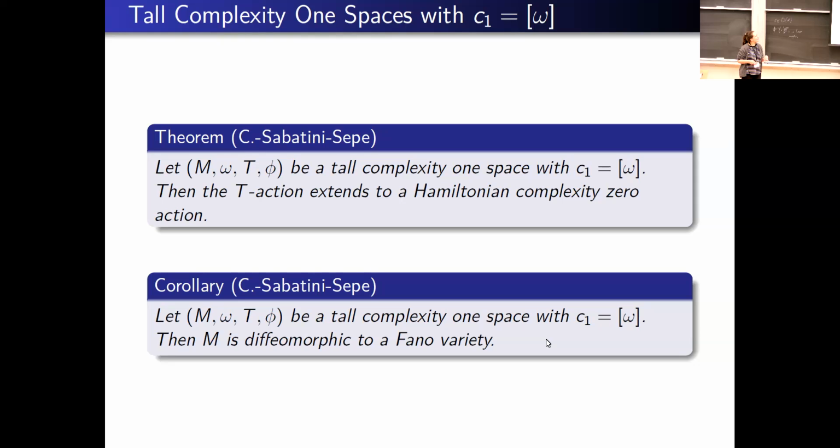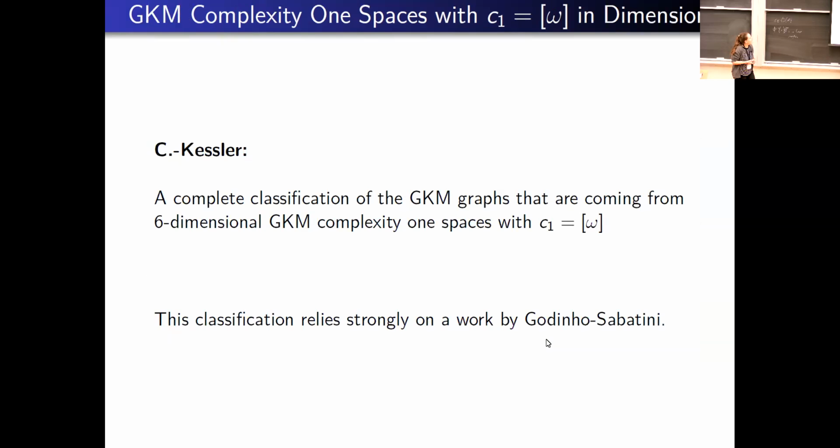And so I was then with Liat, who was concentrating again on this question, but not for the Tor case, and in low dimension. And the lowest dimension where it's interesting is dimension 6. So the idea was, with Liat, we were considering dimension 6, and we first considered GKM graphs.